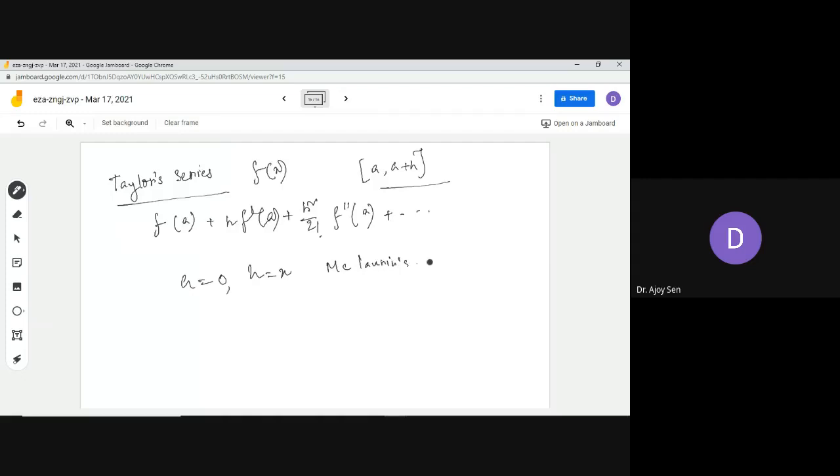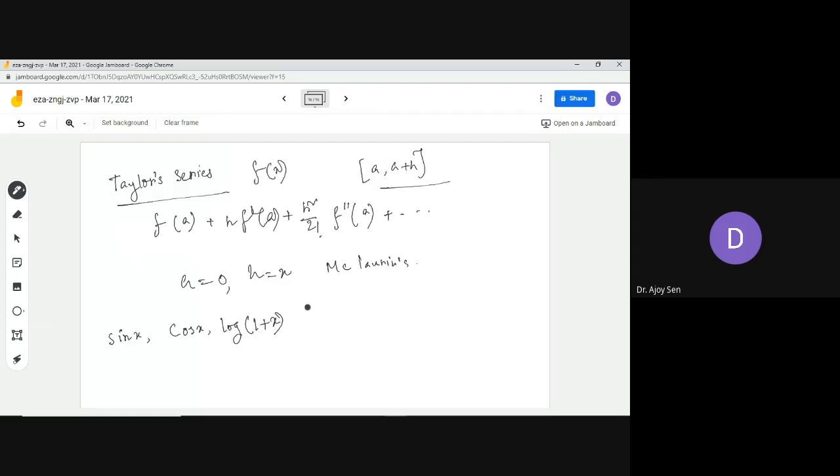So this is the thing, and in your exercise you have to find the Taylor series for some known functions like sin x, cos x, log 1 plus x.